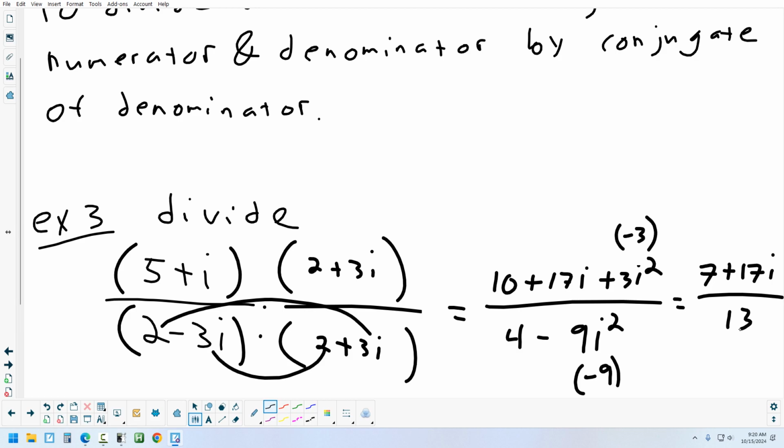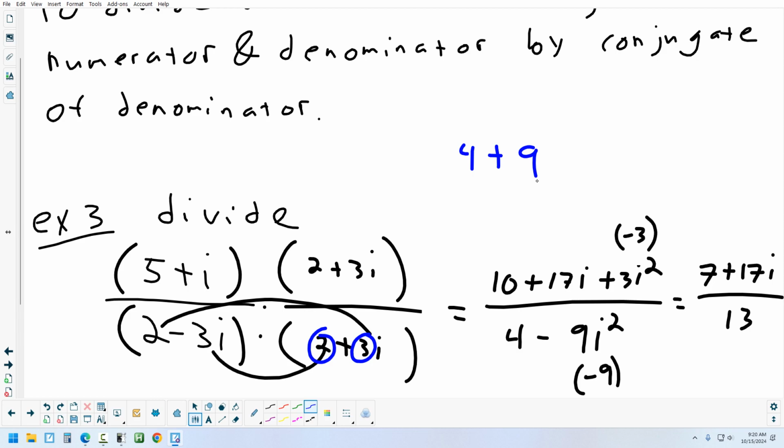You don't have to FOIL out the bottom like we did here to get 13. If you just take the first number and square it, take the number in front of i and square it, and add the two together, you can very quickly get your denominator, because the outer and the inner always cancel.